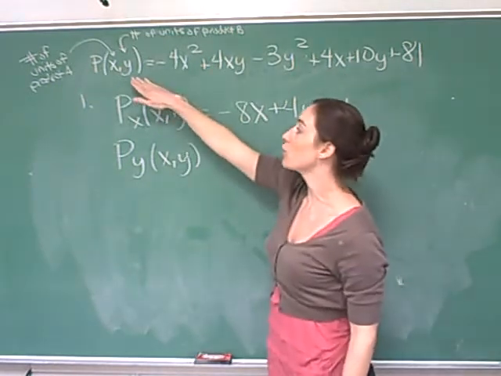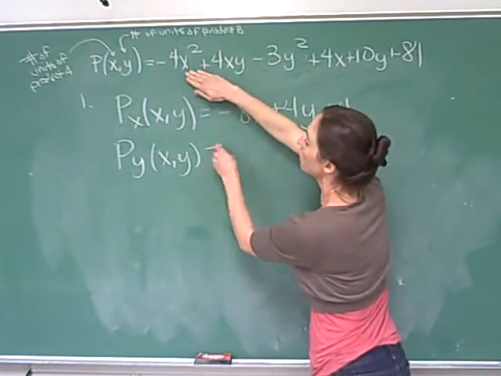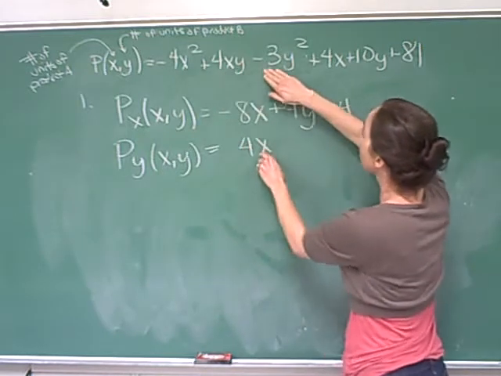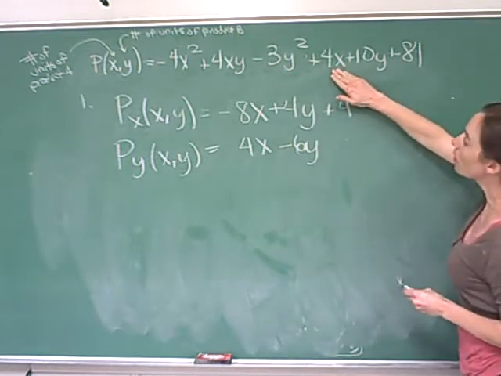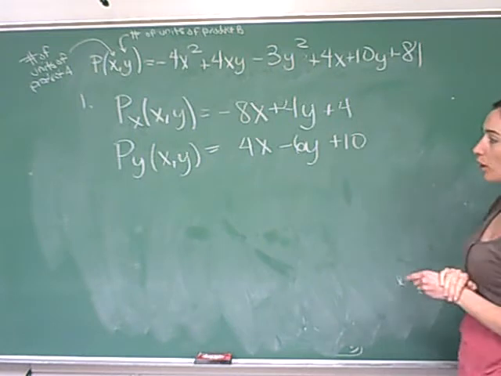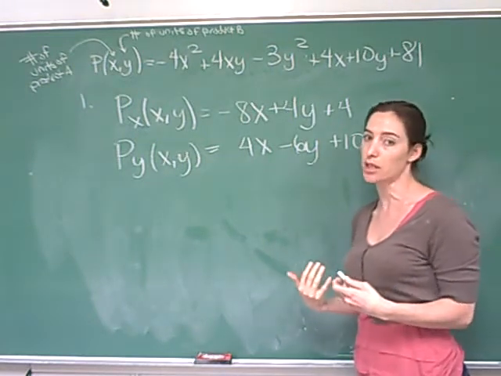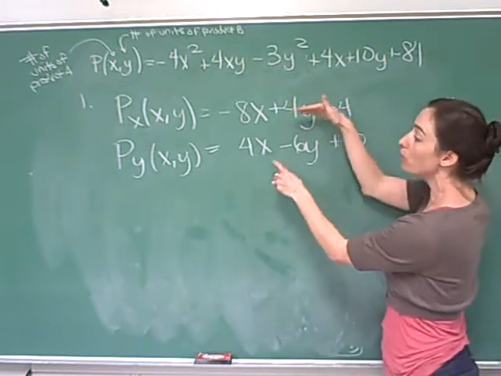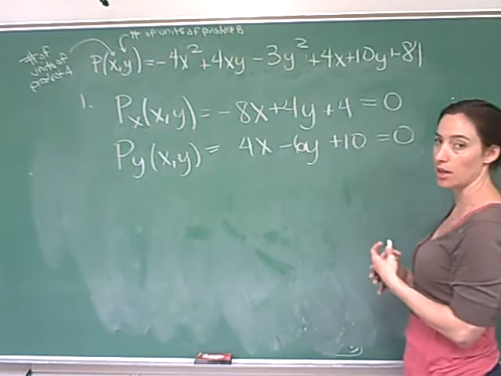And now taking the derivative of the profit with respect to y, I will get 0 plus 4x minus 6y plus 0 plus 10 plus 0. Okay. So now that I've found both of those derivatives, I'm going to set them equal to 0 to find a critical point that will make both of these derivatives equal to 0 simultaneously.